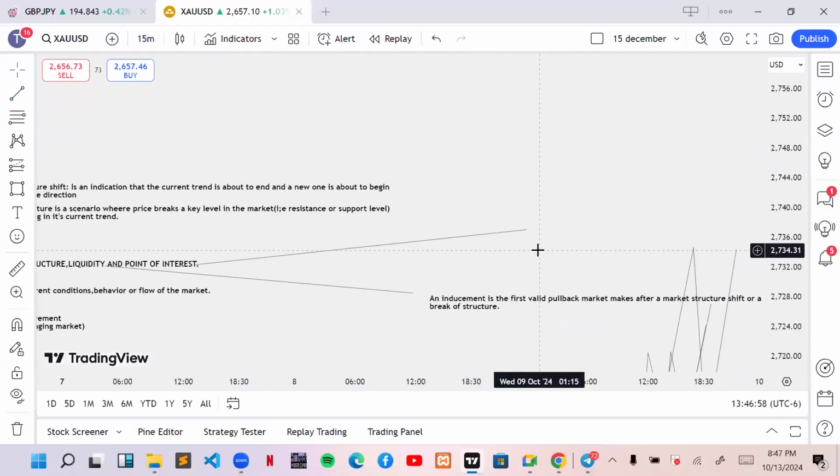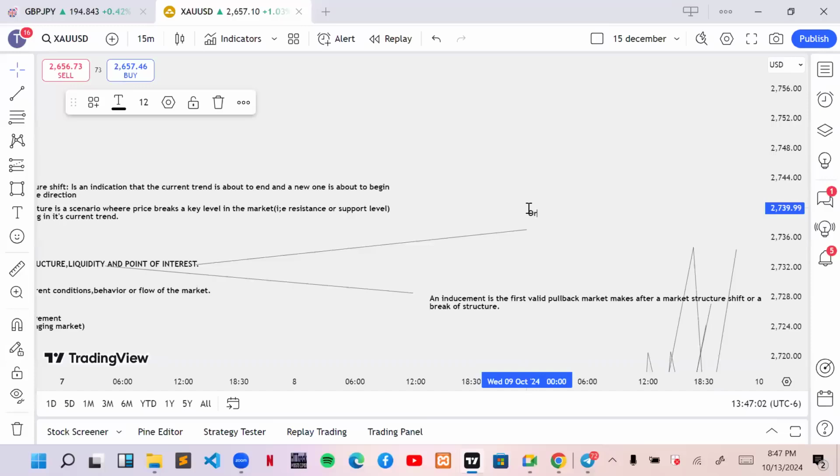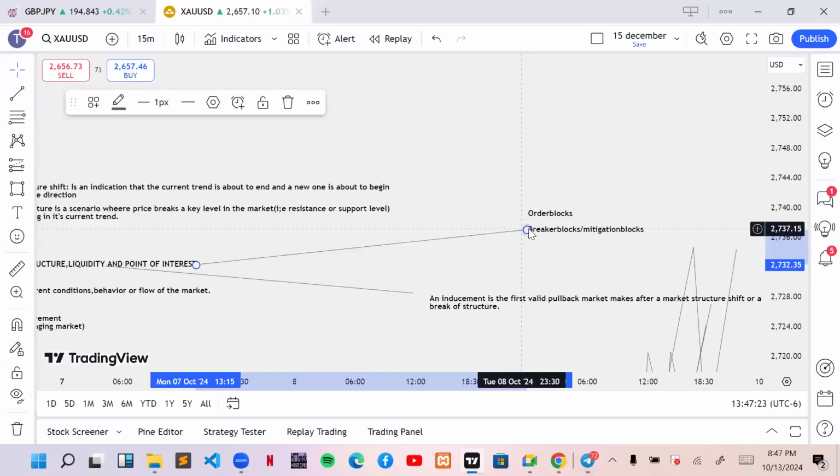I make use of 2 points of interest: the order blocks and the breaker blocks. Order blocks, breaker blocks. So these are my 2 points of interest, my order blocks, and then my breaker blocks, slash mitigation blocks.